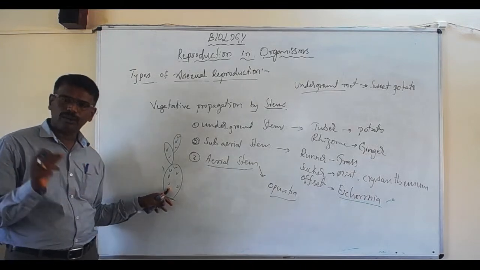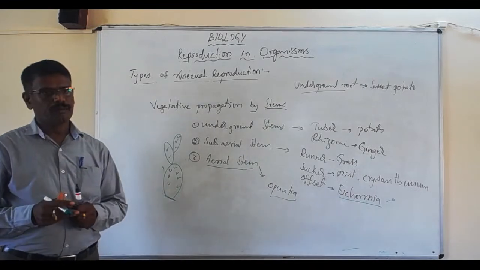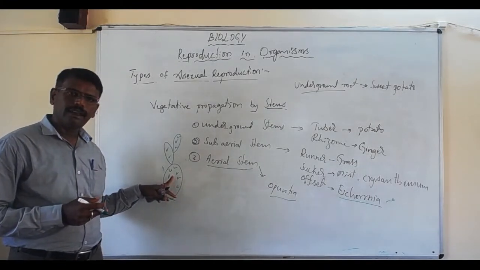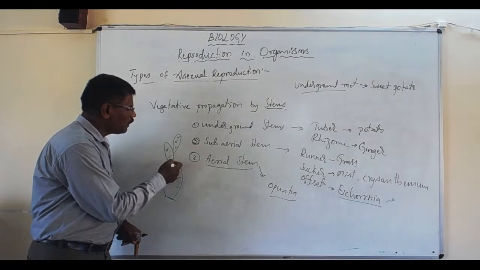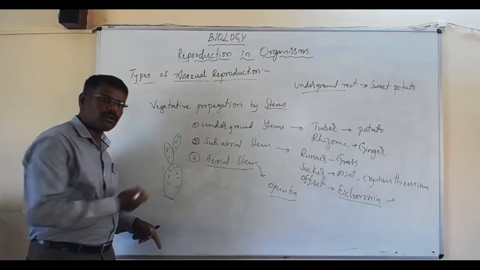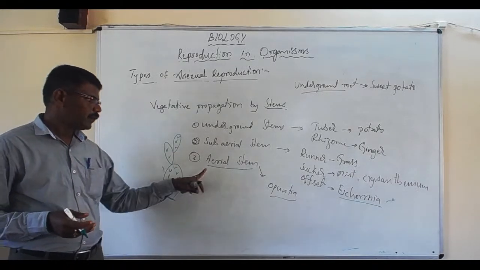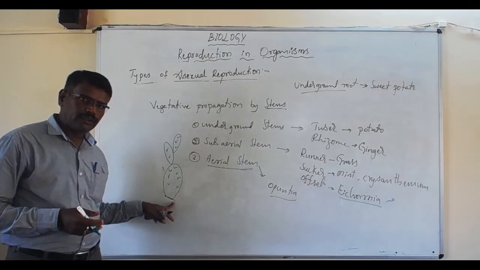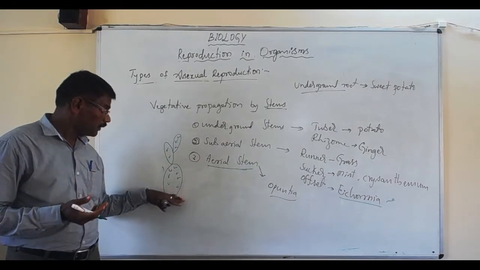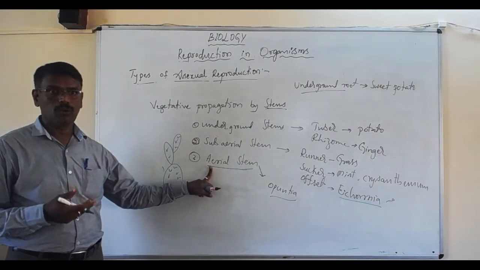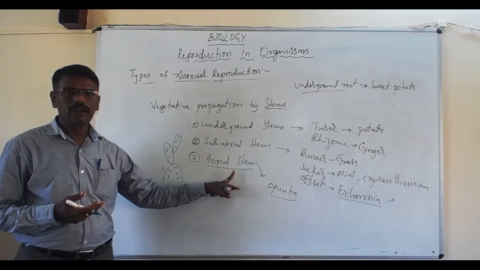The stem is modified for photosynthesis. On that stem, there is absence of leaves. The leaves are modified into spines. These stems which break down or detach from the parental body grow once again into a new individual. Each and every piece of the stem grows as a new individual present above the earth, hence it is called the aerial mode. Like underground stem, subaerial stem and aerial stems.